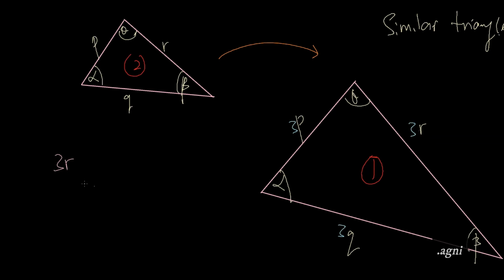So 3r divided by r should be equal to 3p divided by p, if you take the opposite length of beta. Also, it should be equal to 3q divided by q. That's obvious, right? R gone, p gone. That's going to be 3, right? So they're obviously equal. So that's the idea of similar triangles.